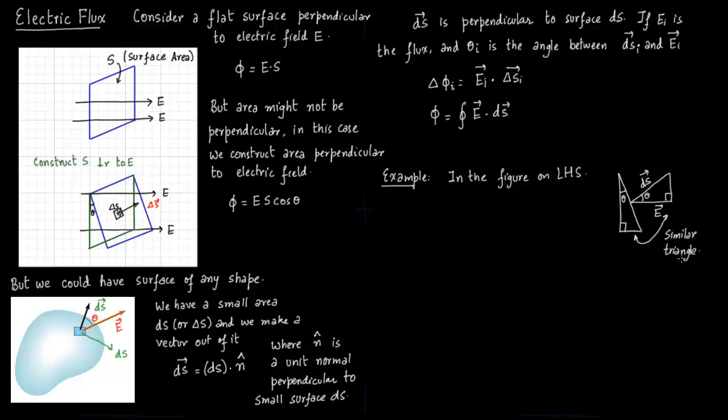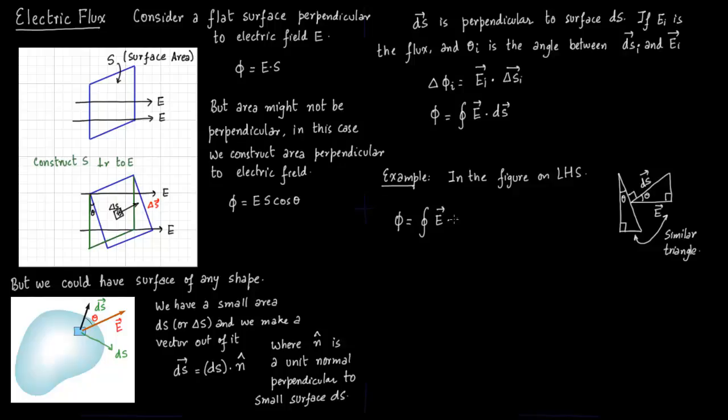So now we can apply our formula for flux. So we want to calculate the flux through such a surface, and we obviously want to get flux as E S cos theta. So let us write down the formula. The formula for flux is phi is equal to the surface integral of E vector dot ds vector.